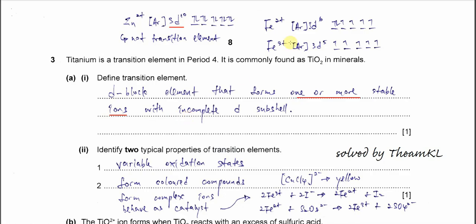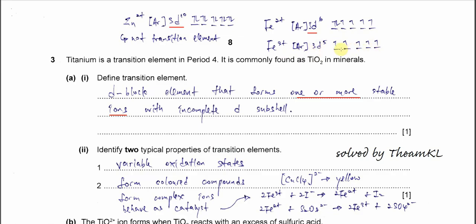For example, Fe2+, once formed, has the 3d6 configuration, so the d subshell is still incomplete: 1 pair and 4 unpaired electrons. For Fe3+, it's the d5 configuration, so it's still incomplete.